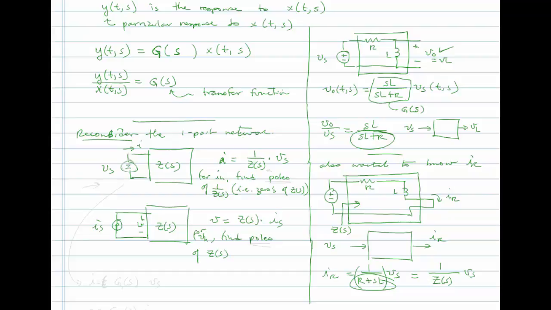Now I said it this way because I want to point out something. In both cases, we're really looking for poles. We didn't talk about it like this before. Previously, when we were looking at this topology where there's a voltage source, and we're asking what is the natural current response, we said we need to find the zeros of the impedance, which is true.